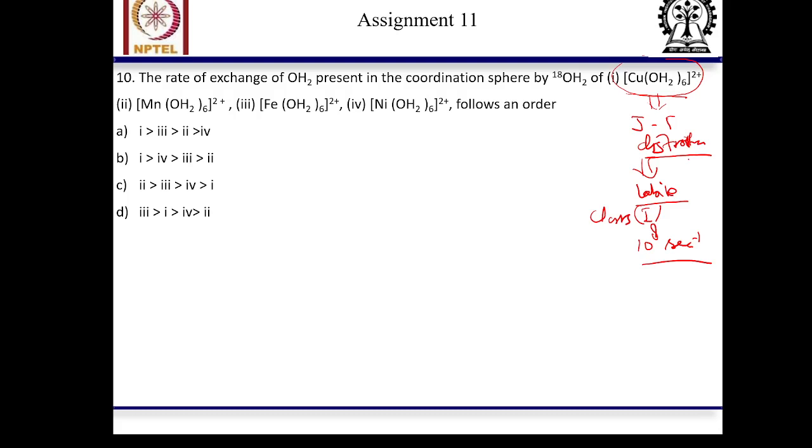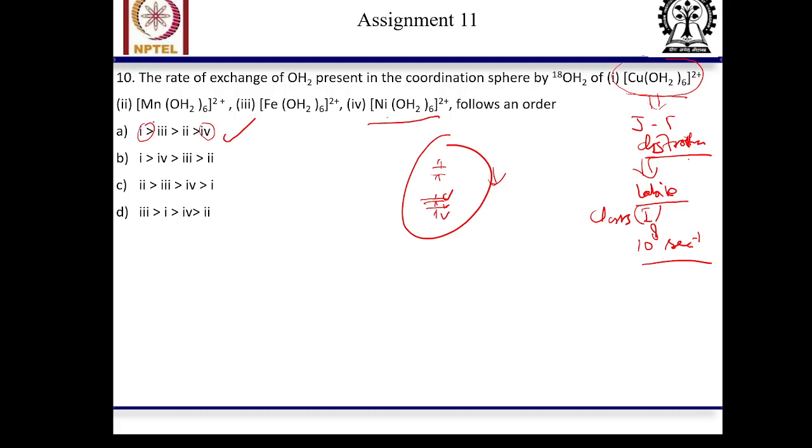Now who will be the last? Last will be the most symmetric structure, that is t2g6 eg2, like nickel, because you have 1, 2, 3, 4, 5, 6, 7, 8. Most symmetric structure, most stable. So it has the least reactivity. This you can tell by valence bond theory also. So nickel will be last. So this will be the correct answer.